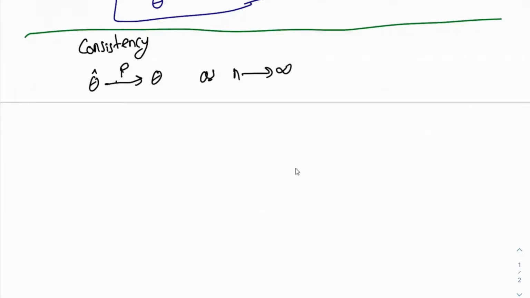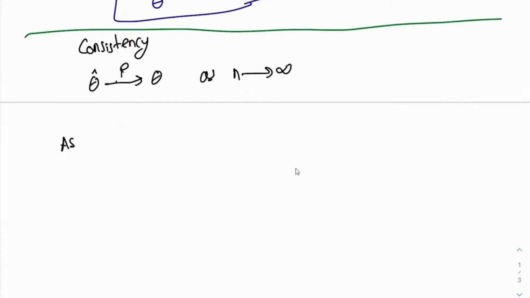In other words, as the sample size increases, the estimator becomes more concentrated toward the true parameter. This is very different from bias. Usually people make this mistake in the literature. Unbiasedness means that the expected value of the estimator is equal to the true parameter. But consistency says that as n goes to infinity, as sample size increases, the estimator converges in probability to the true parameter.